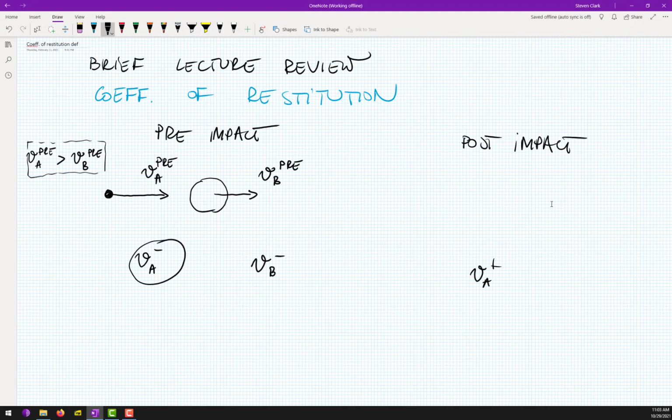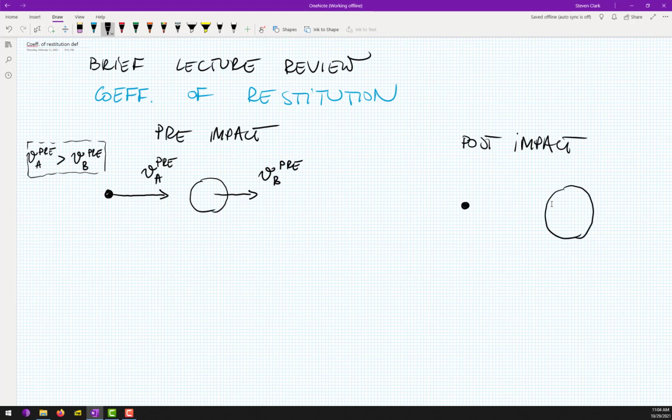For me, it's too many minuses and pluses, and I keep forgetting what minus means and what plus means. I propose superscript pre for pre-impact and superscript post for post-impact. In that case, I'm never lost in my solutions. Sounds good? Okay, so post-impact, we will have, again, our two particles.